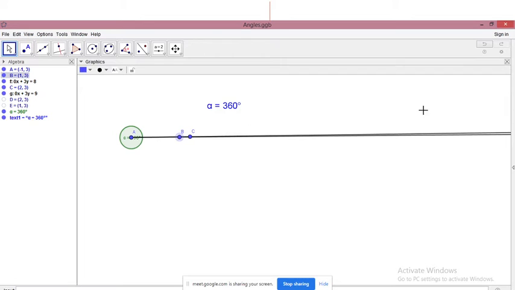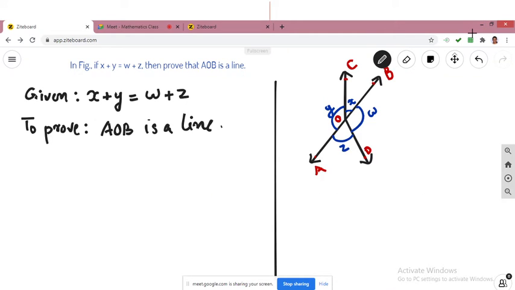Yes, ma'am. Yeah, so we are getting a complete angle here. Similarly, when you start from x, adding the measure of x, then y, then z, then w, you will get 360 degree. So that's why they were saying that the sum of the angles is forming a complete angle.